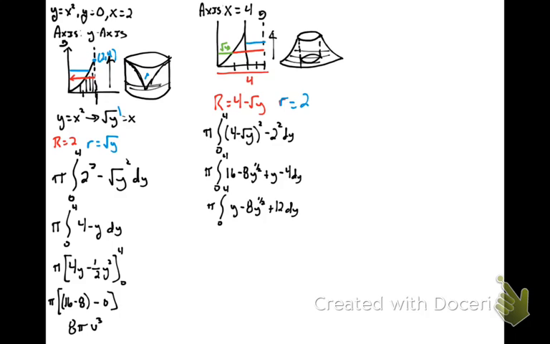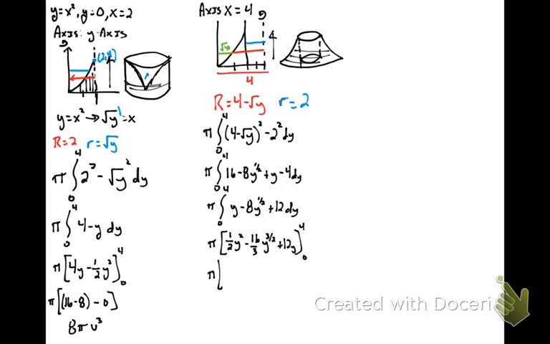When we integrate this, we'll end up with 1/2 y squared minus 16 thirds y to the 3/2 plus 12y, from 0 to 4.